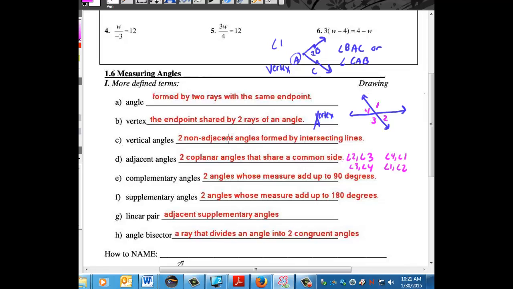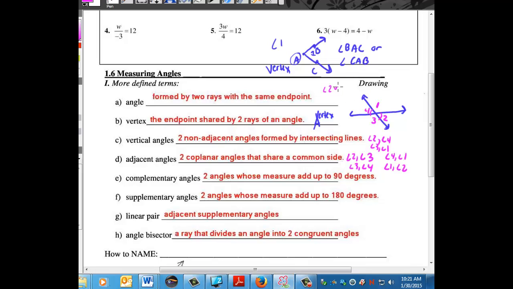Vertical angles are going to be two non-adjacent angles formed by intersecting lines. So that would be angle 2 and angle 4 and angle 3 and angle 1. And those would be our vertical angles. Now, you should know that angle 2 and angle 4 will always be the same measurement.